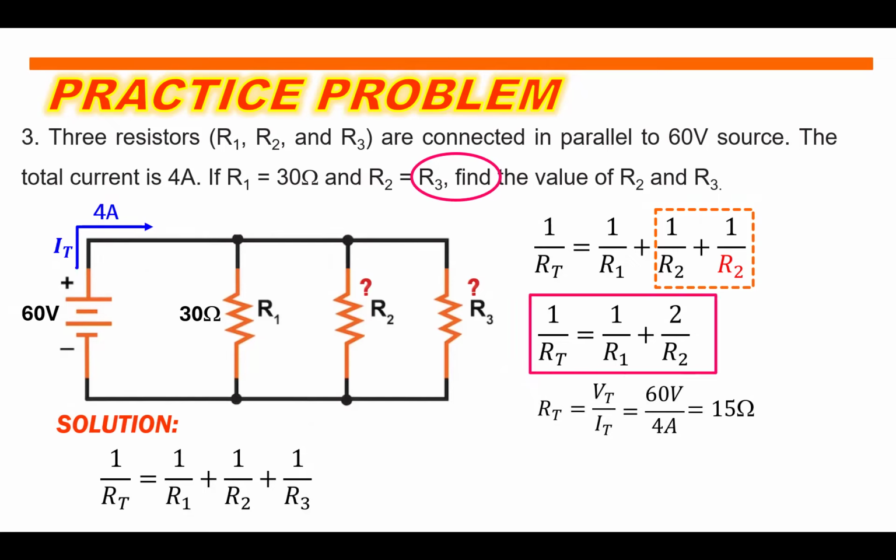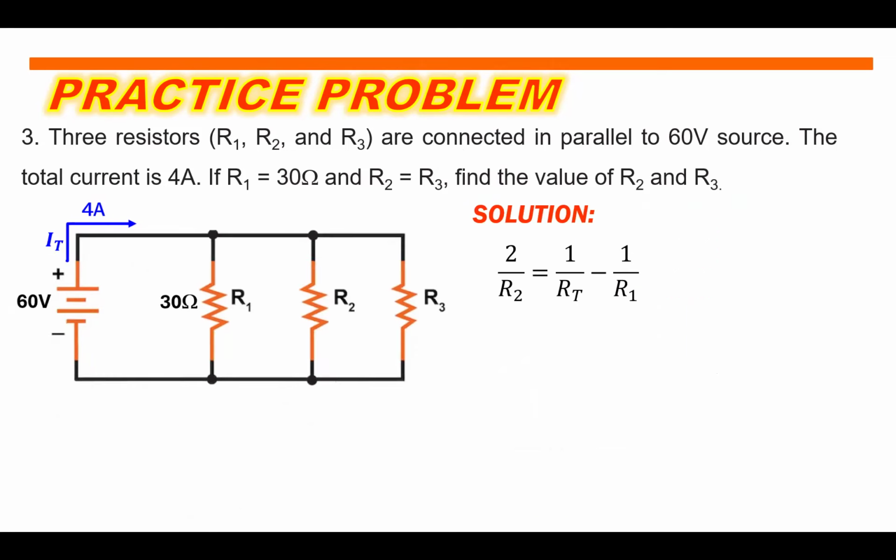We can now solve this equation by rearranging it to solve for the values of R sub 2 and R sub 3. So 2 over R sub 2 is equal to 1 over R sub t minus 1 over R sub 1. Substitute the values for these variables.